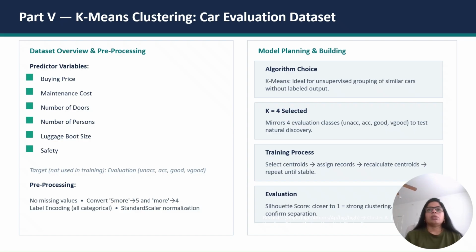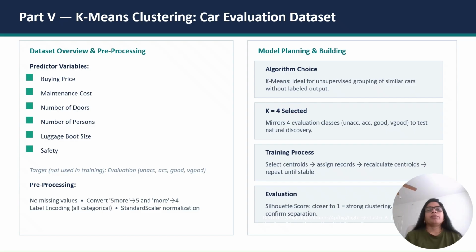It seems we don't have any missing values in this data, and we also converted the abnormal values to 5 so that the model doesn't have any problem processing the data. After that, we did label encoding for all the categorical variables. Also, we normalized the numerical variables using the standard scaler.